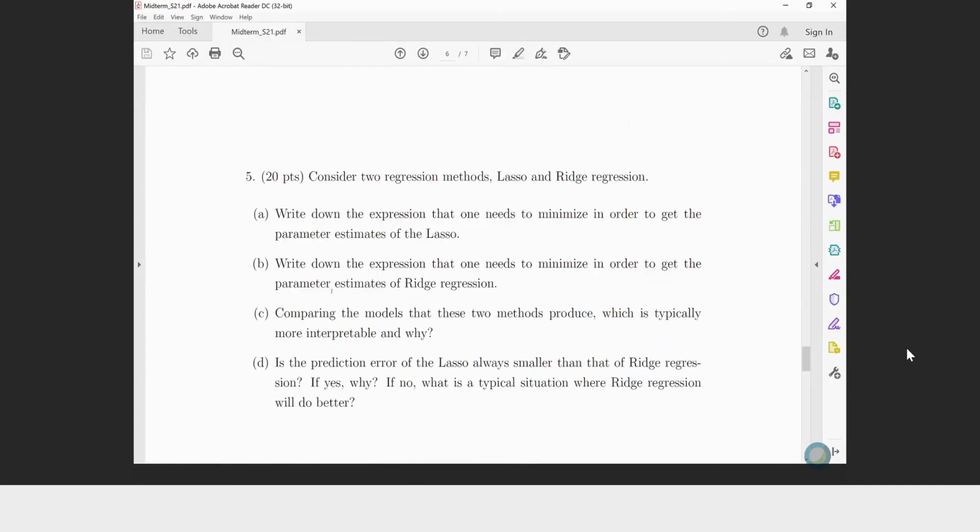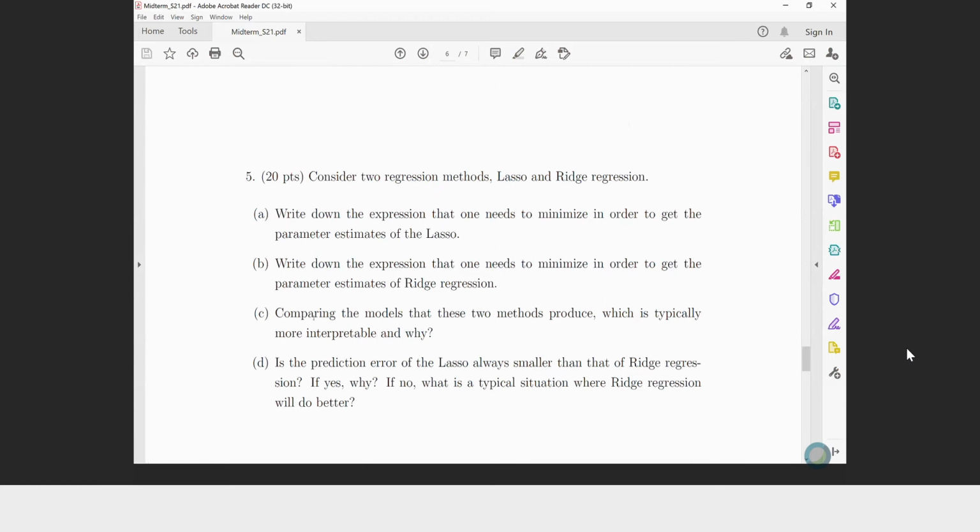Part B: compare the models these two methods produce. Which one is typically more interpretable, and why? Definitely it's the lasso, because lasso does the shrinkage of the coefficient estimates and can also do model selection. When you do model selection, that means you can produce a smaller model, including only a smaller number of predictors, and definitely this model is more interpretable.